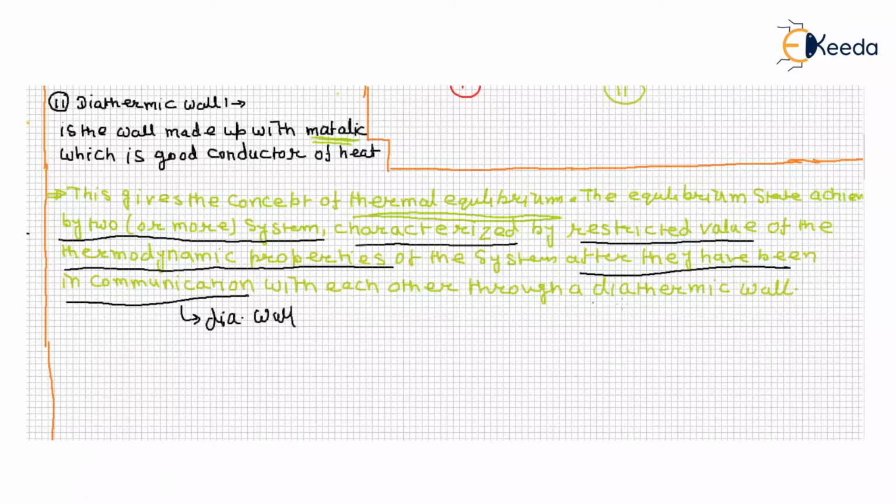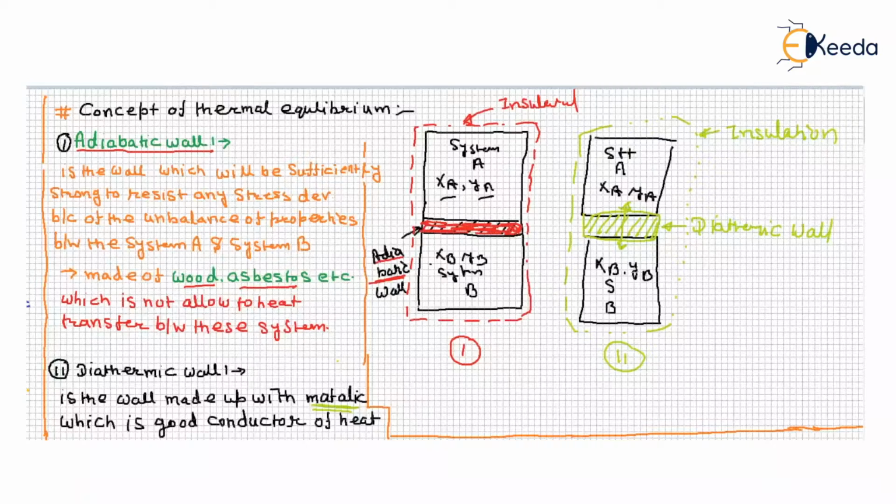You are able to understand that if we put the diathermic wall, there must be a flow of heat. If there is a flow of heat, after some time the gradient which is responsible for the flow of heat will become zero.